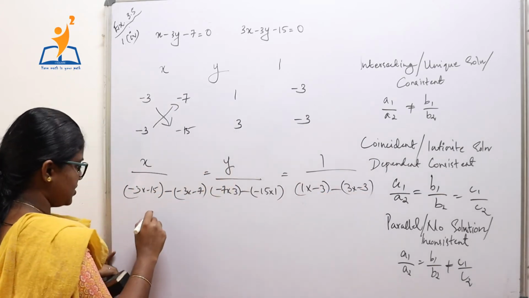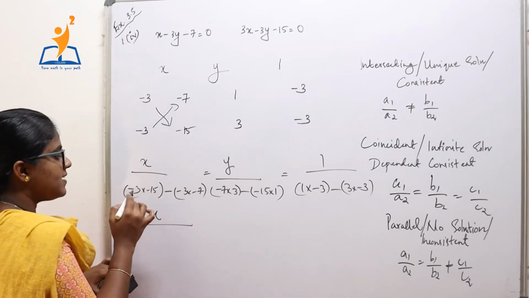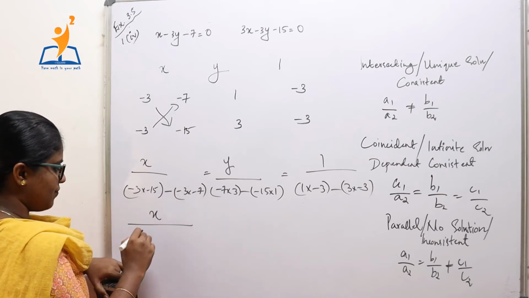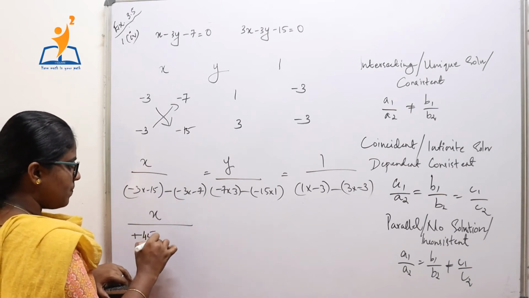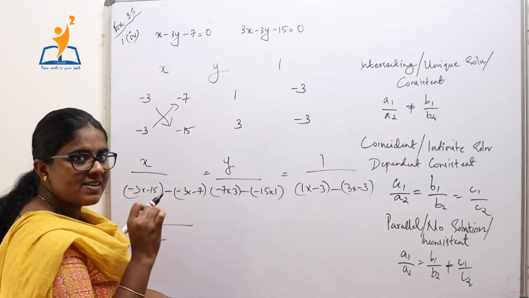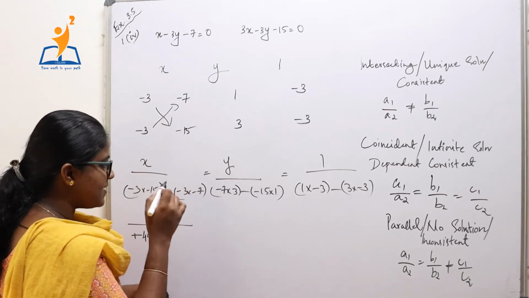Now simplification part is x by minus 3 into minus 15, which will become plus 3 into 15 is 45. So minus 3 into minus 7 is minus and minus gets positive, that is plus 21.